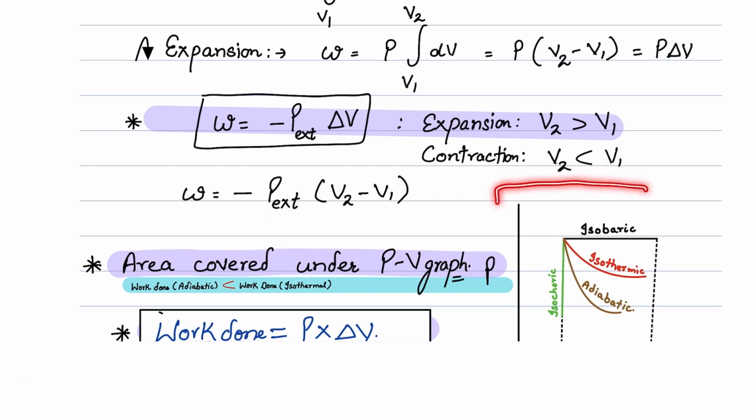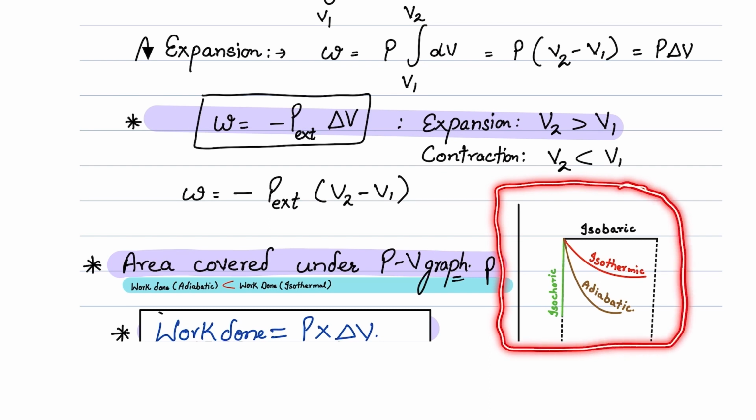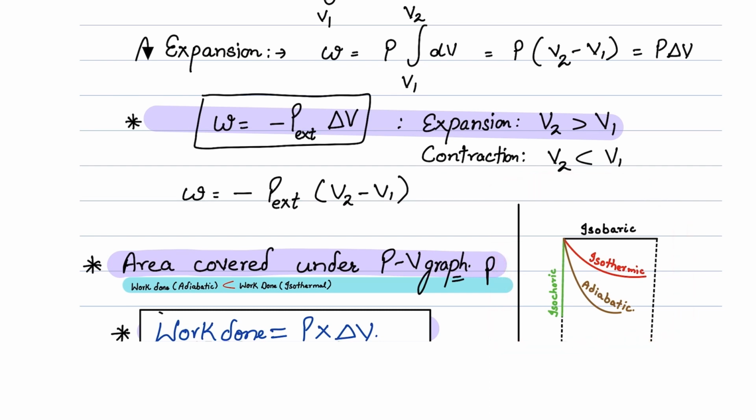Now let us consider these graphs. These are very important. These are the graphs we have plotted between pressure and volume. On the y axis we have taken pressure, on the x axis we have taken volume. So let us consider this first line, that is isobaric.